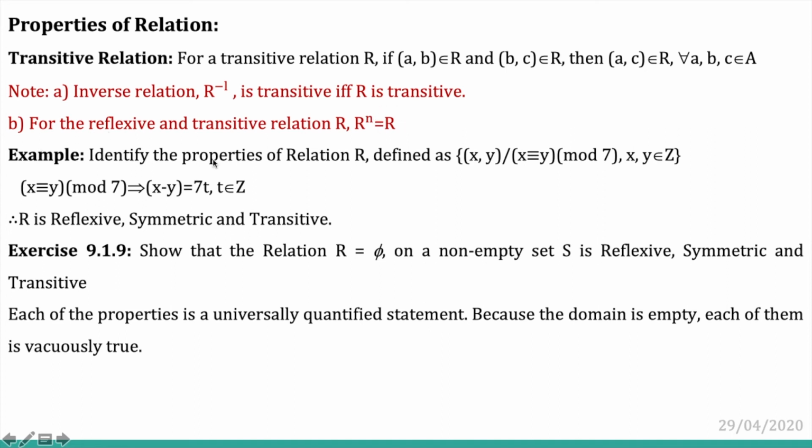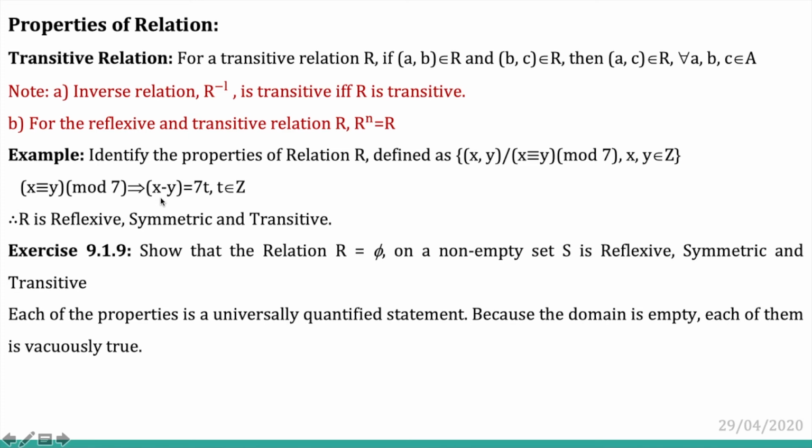Here we need to identify the properties of relation R defined over the set of integers Z, and it contains ordered pairs (x, y) where x is congruent to y modulo 7. When x is congruent to y modulo 7, that means x minus y is divisible by 7. This relation is reflexive because x minus x is equal to 0 and 0 is always divisible by 7.